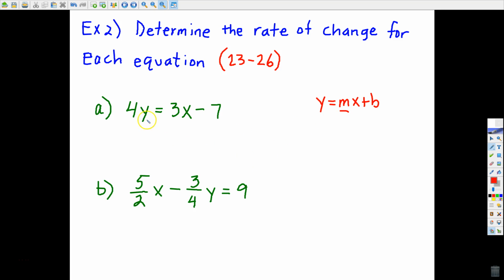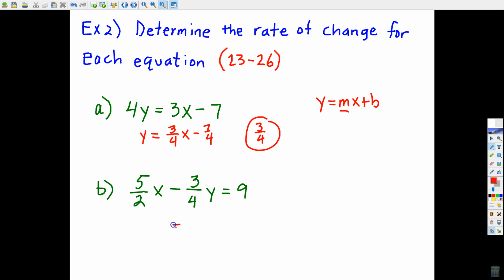So really all we have to do in these problems is solve them for y, and we'll be able to see what the slope is. So I'm going to go ahead and divide by 4. Y equals 3/4 x minus 7/4. And so my answer here for letter A would be 3/4.